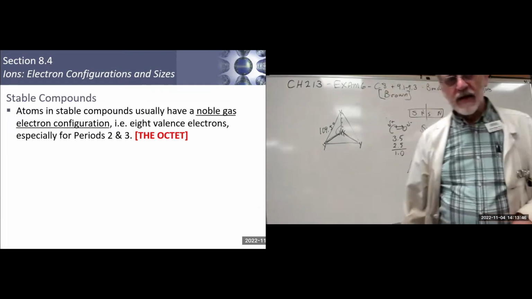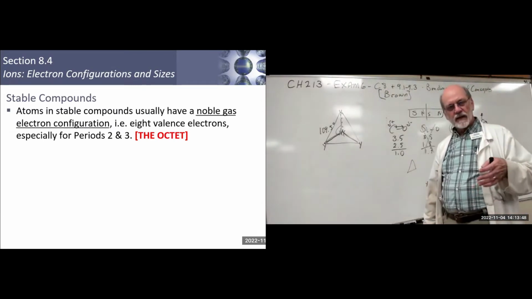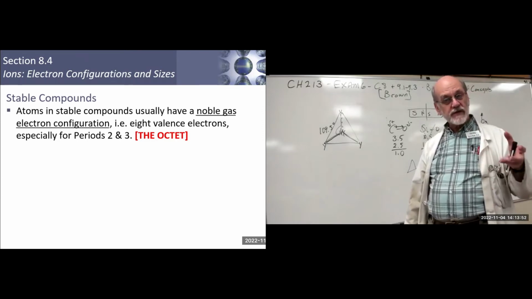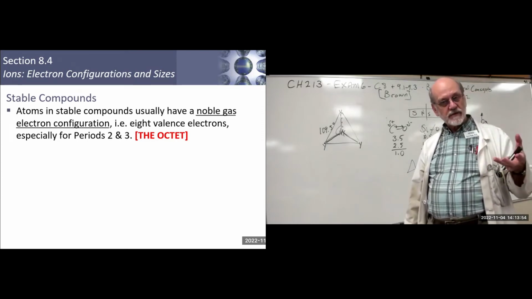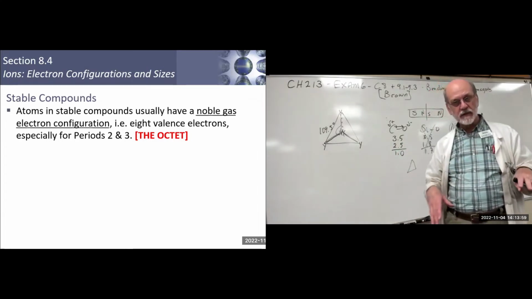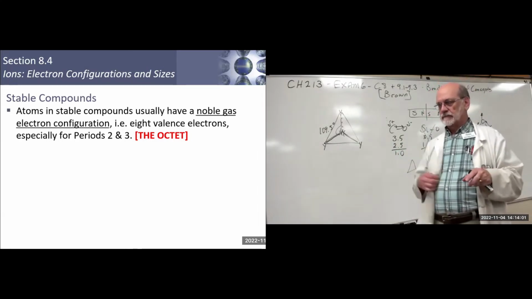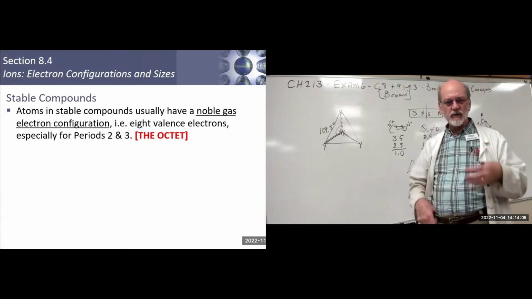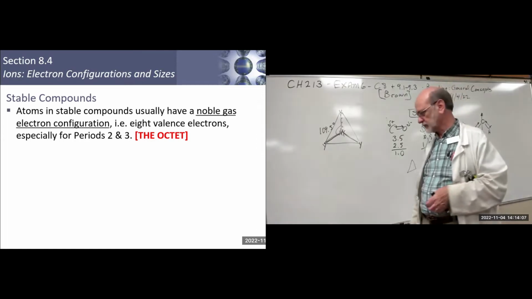Okay, so when these bonds form and stable compounds result, what we notice is that the atoms in the molecule, now we're talking about covalently bound molecules. Actually, you could extend part of this argument to ionic compounds, but we're going to stick with covalence.